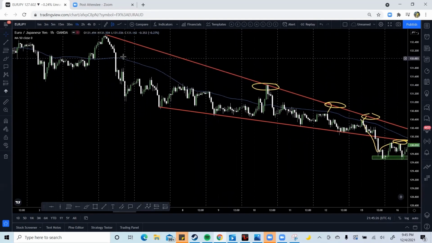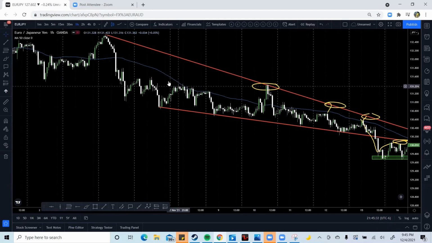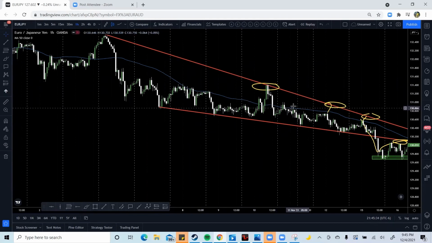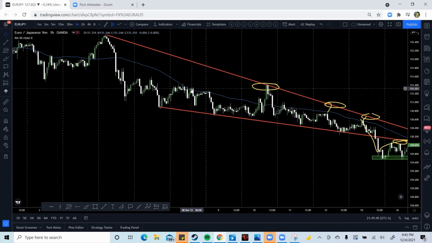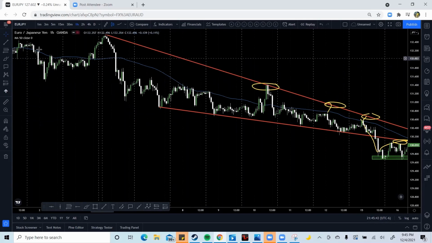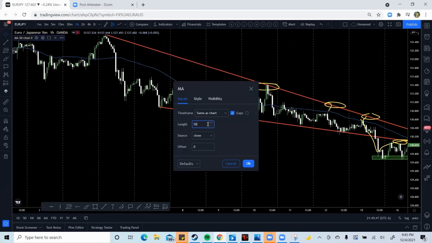So as you see here, price is consistently below the moving average. You're going to have spikes because everything's not going to be perfect. But the general aspect of it is price is staying beneath this moving average, forming a downtrend. Some common moving averages are the 50, or the 62.